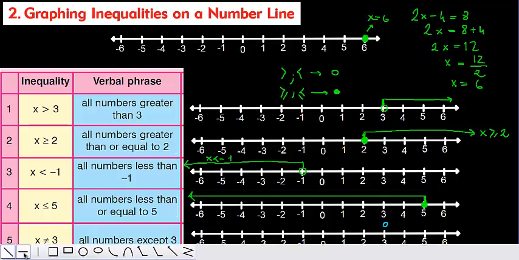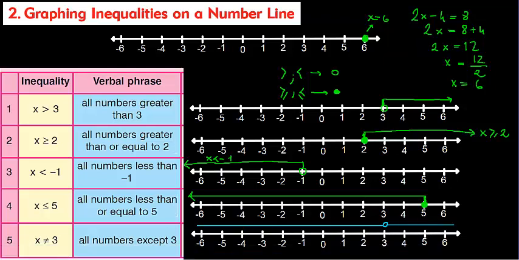All numbers are here, it's going to be included except the point 3. So this line, the blue line, shows all numbers except 3. Only the 3 is not included.